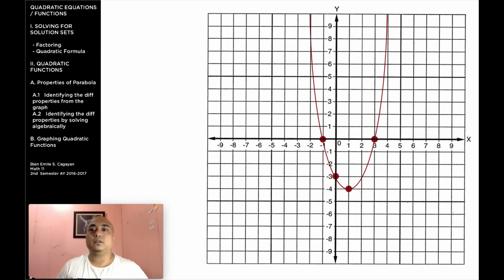Now that we've learned how to solve equations and graph them, we're going to learn how to get the properties of a parabola by just looking at its image.